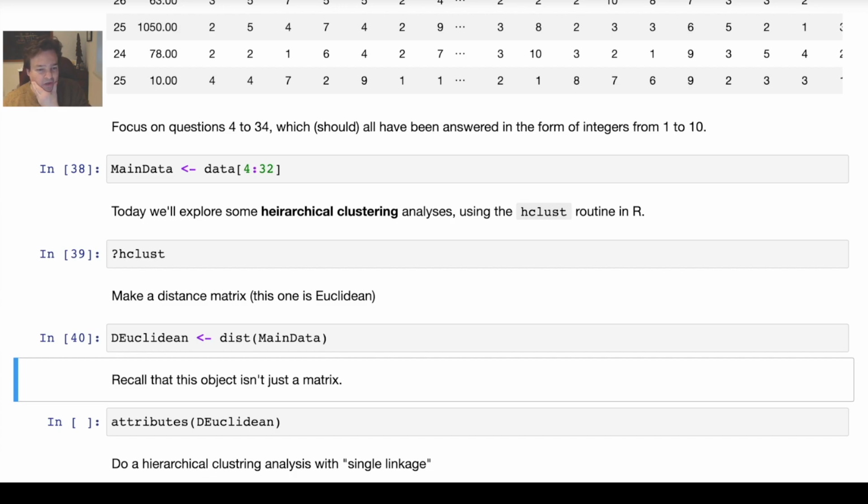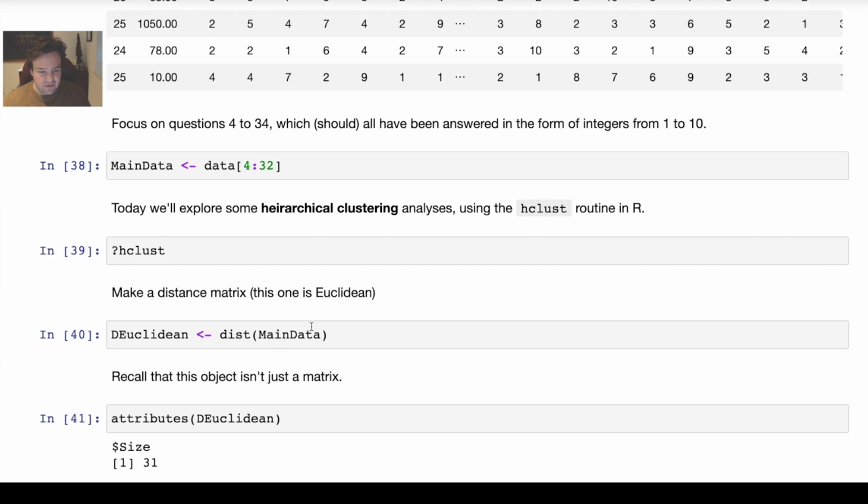And I want to remind you, since we're in an exploratory stage here, and we're just seeing what this algorithm does, or what R can do with this clustering stuff, that when we feed the hclust routine a distance matrix, it's not just a matrix.